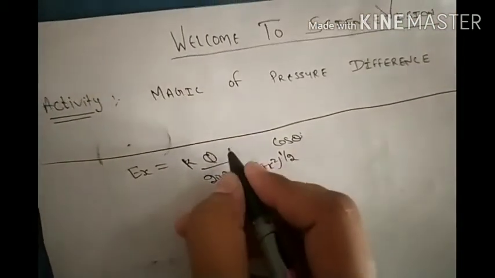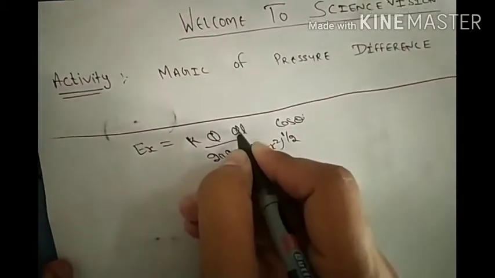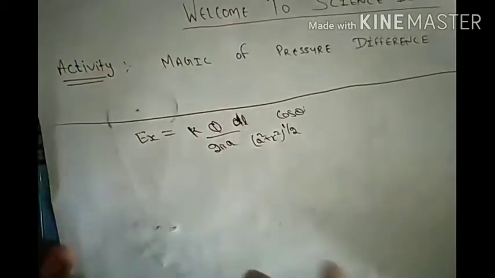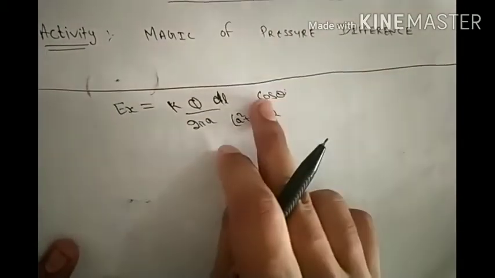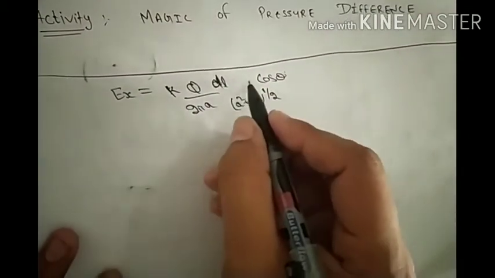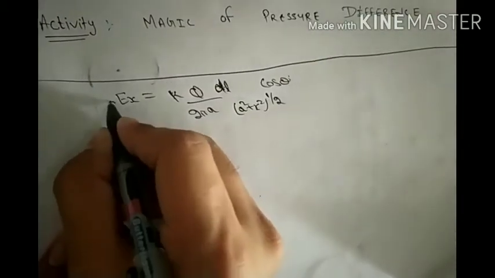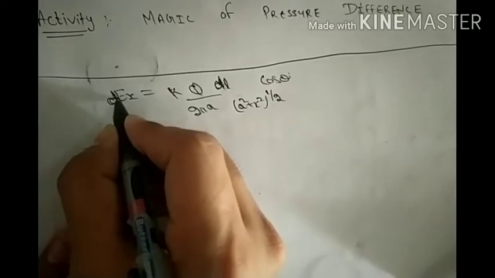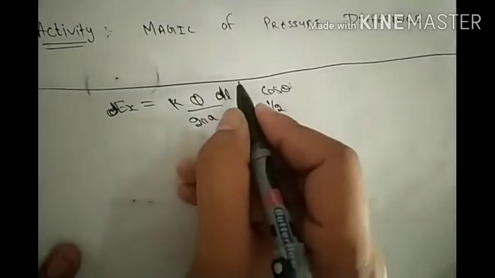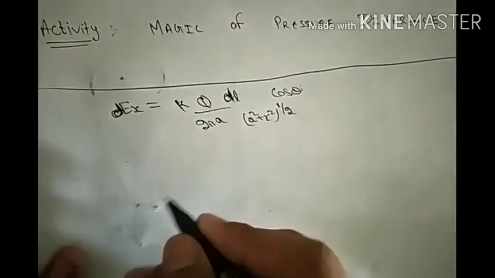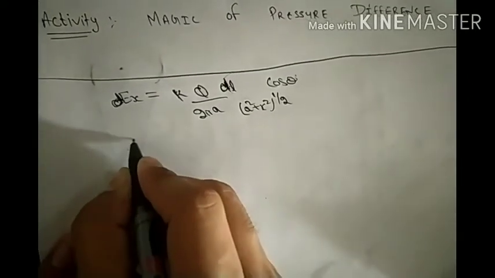And one thing more, that is dl. So this is the value, and now we can find the value of cos theta. Because there is dl, this is a small electric field, so we have to write dEx. It is the small electric field due to dl length, and for finding the total electric field we have to integrate.